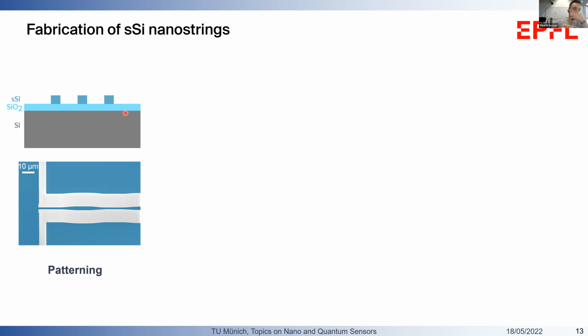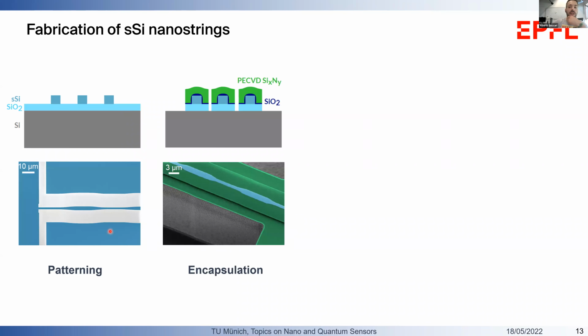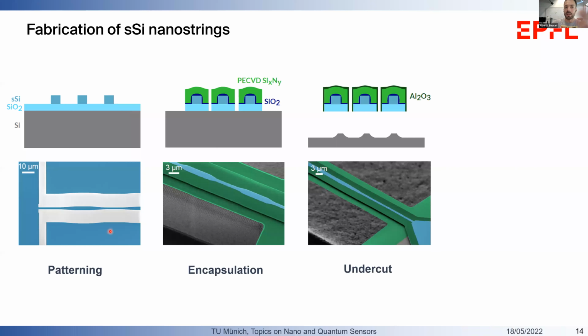So the fabrication process we devised is as follows. We first pattern with electron beam lithography the device layer of strained silicon. We make some nanostrings with electron beam lithography. And then we deposit a stack of insulating materials in order to protect and cover the strained silicon nanostrings during the subsequent dry etch and undercut steps, because there's chemical identity between the substrate material and the nanostring material.